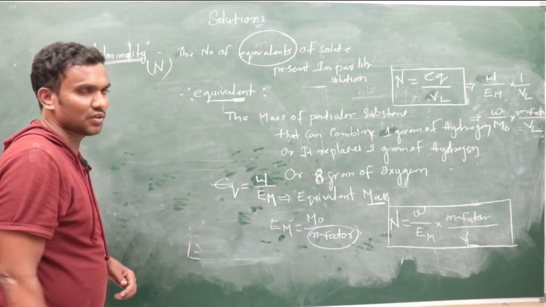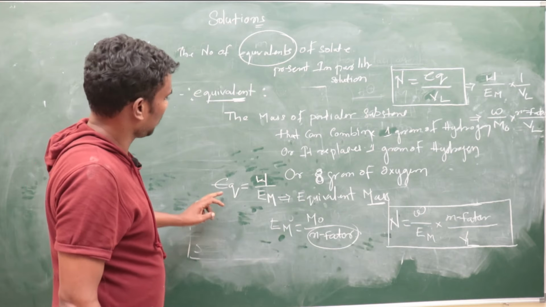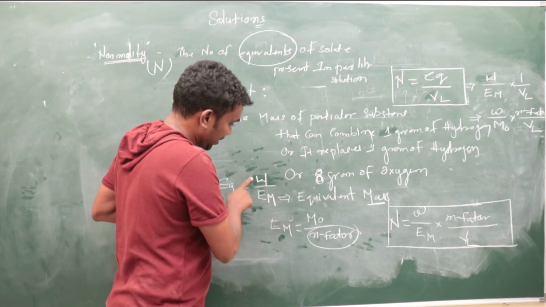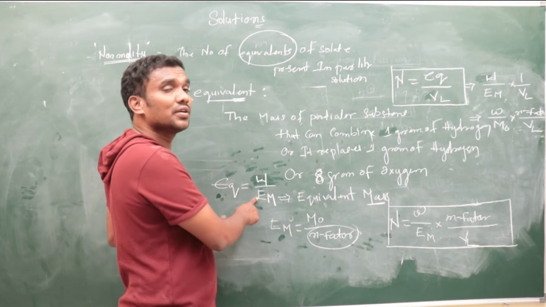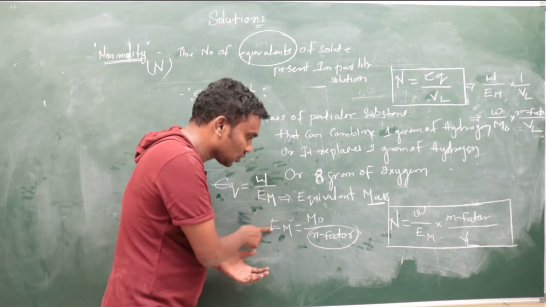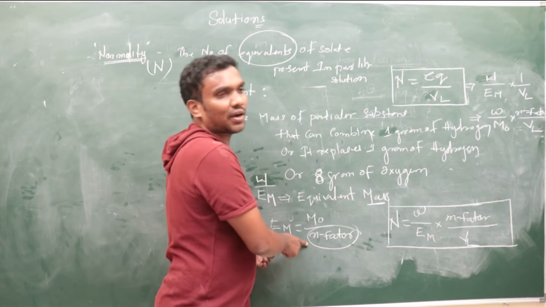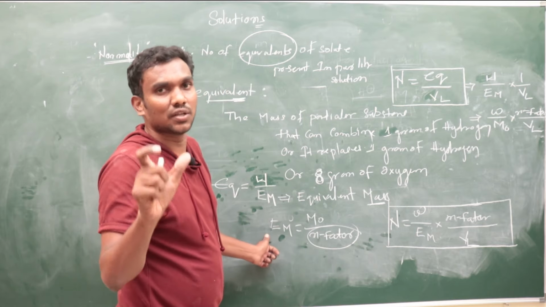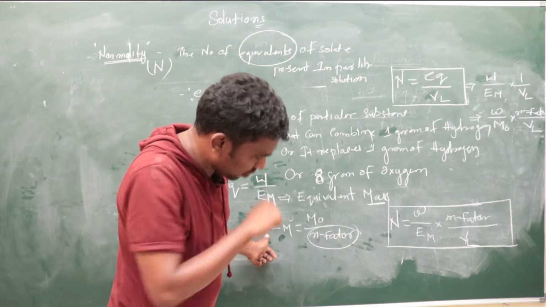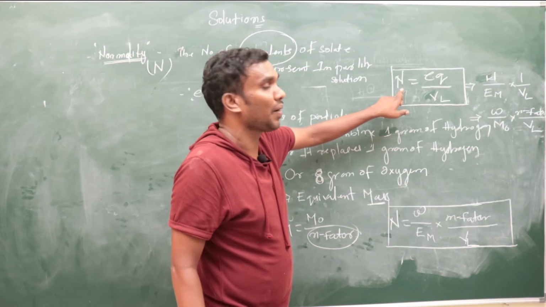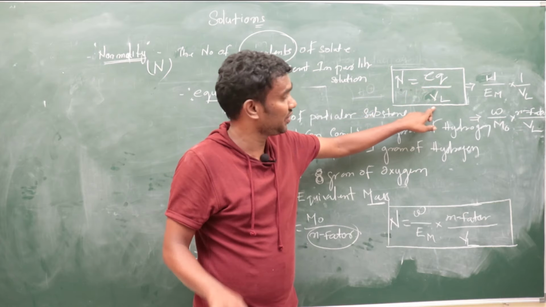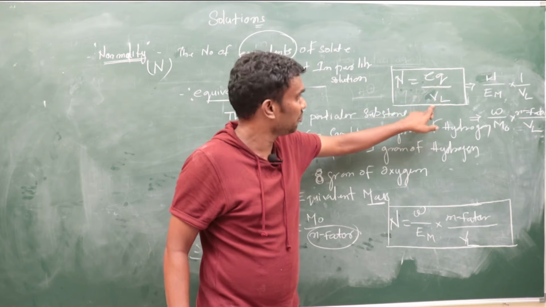Once again I repeat. First of all, equivalence means weight by equivalent mass, sir. The equivalent mass is also a new term. Equivalent mass means molecular mass by n factor, where molecular mass is the solute molecular mass. So normality is equal to number of equivalents of solute by volume in liters.